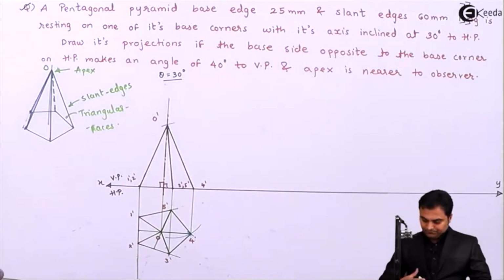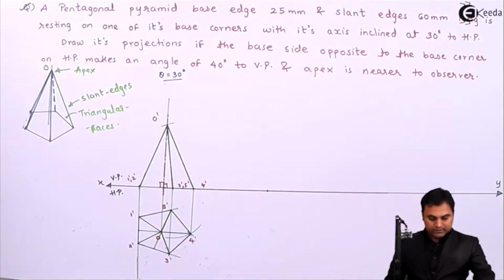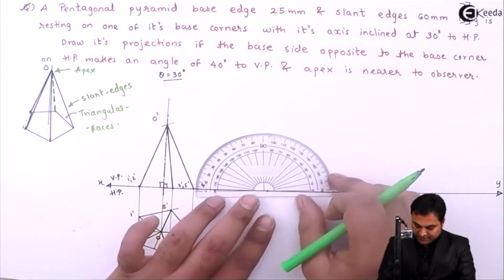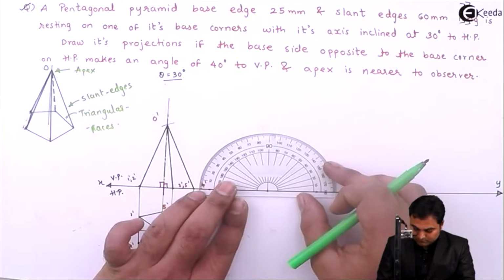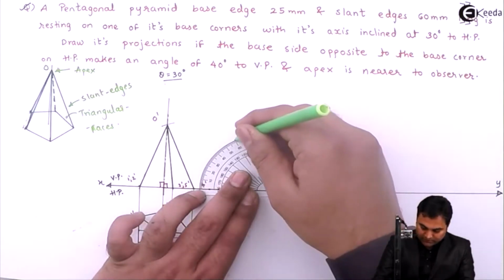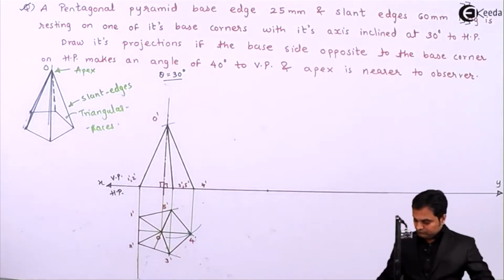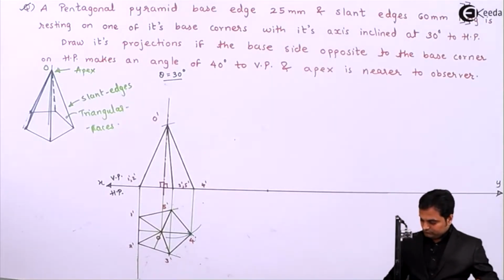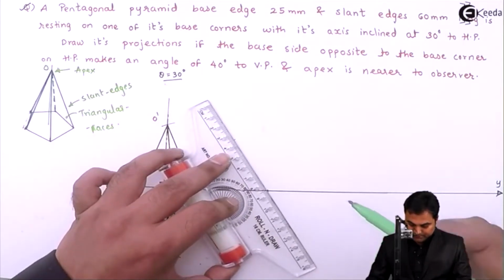So here I'll take a point and draw a 60 degree line. This is for the base. Now here I'll draw a light line.